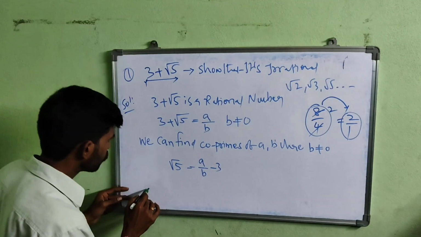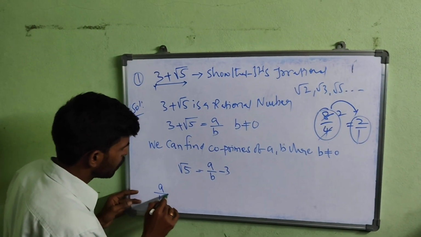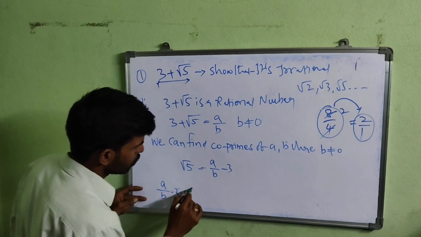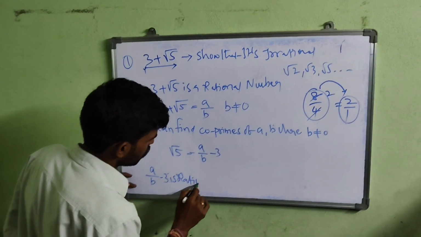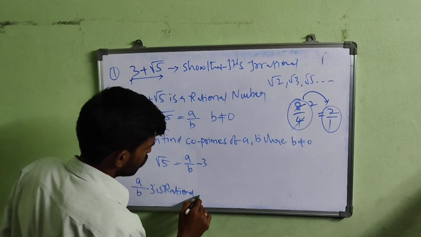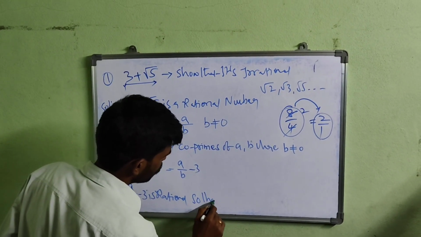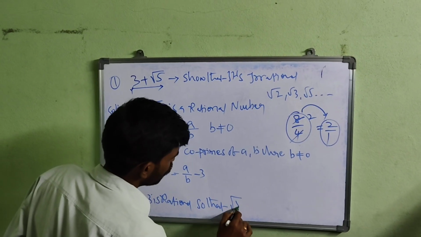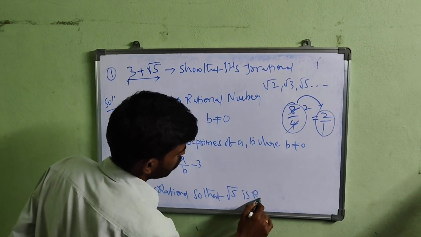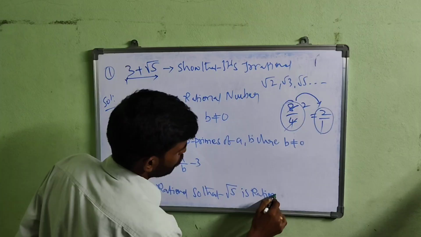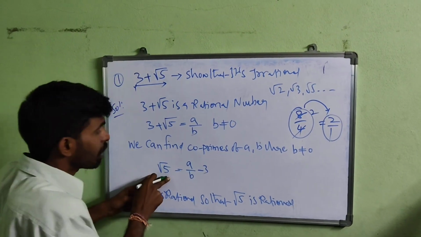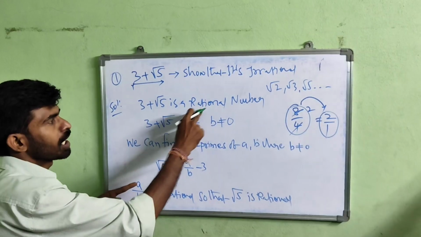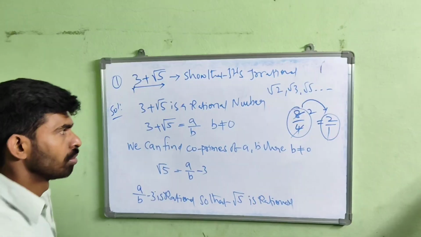Here, a by b minus 3 is rational, so that root 5 is also rational, as per our consideration, because we took it as a rational number.